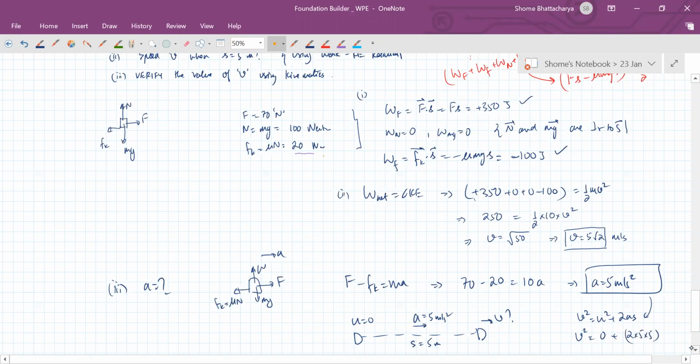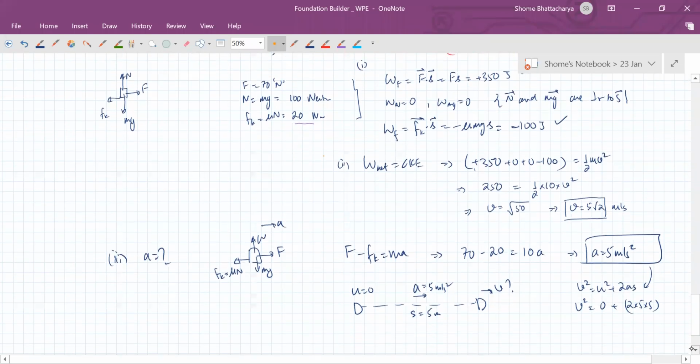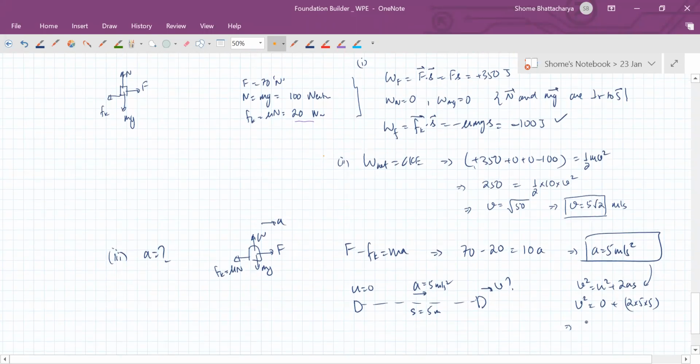So that, as you can see, will give you the same result that we got earlier. Five root 2 can always be approximated as 5 into 1.4. So approximately 7 meters per second.